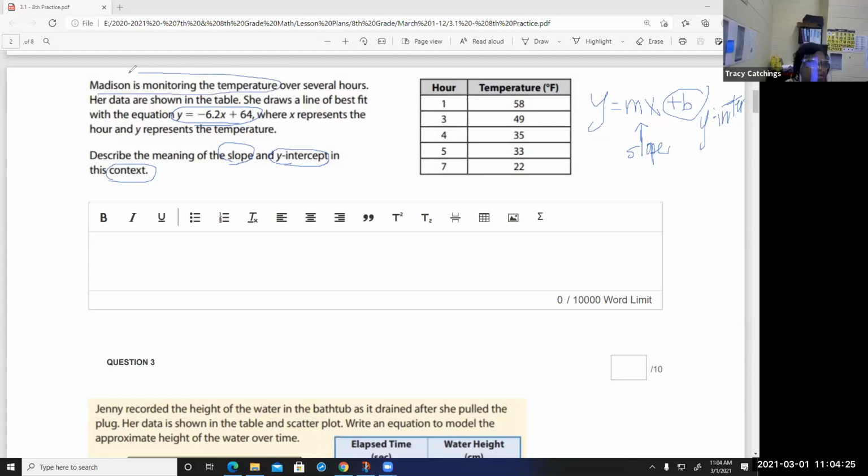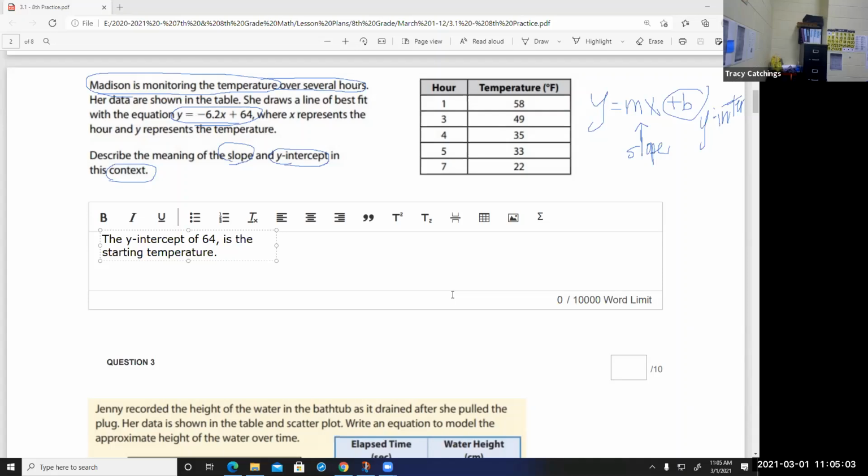She is monitoring the temperature over several hours. So we're talking about temperature. So what does that y-intercept tell us? Okay, which is what? What it was at first. Good job. So the y-intercept of 64 is the starting temperature. All right, what's the slope?